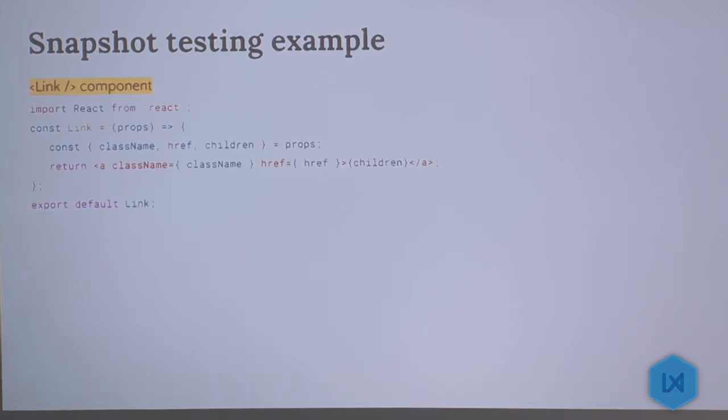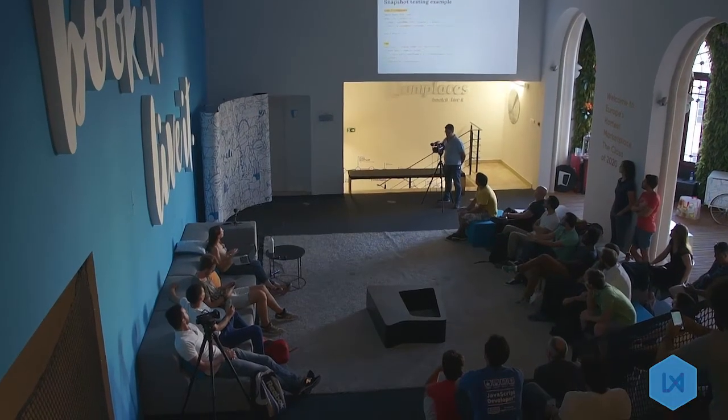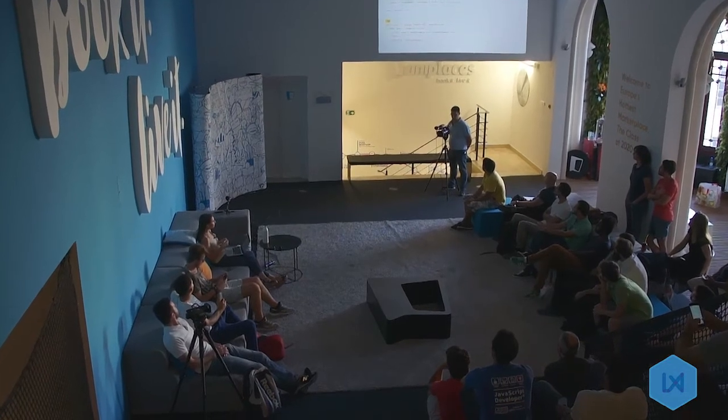I don't know if you can see well, but this is an example of a link component. It basically renders an anchor with a given class name, href, and text. And this is how we can test our link component with snapshot testing.